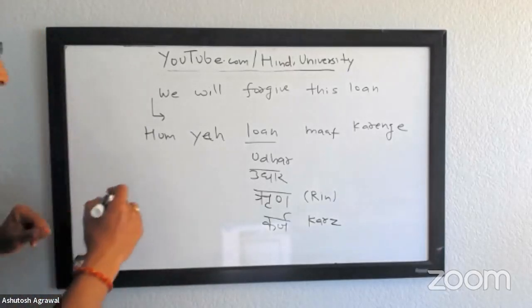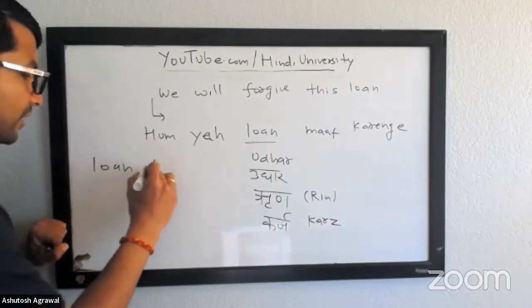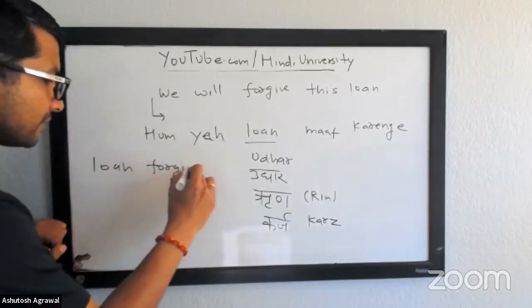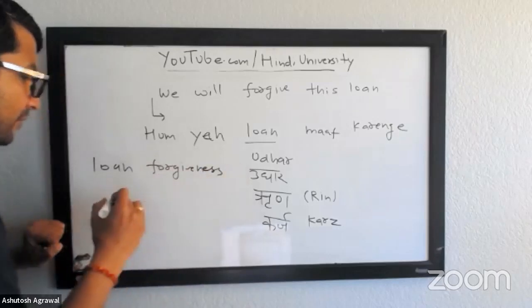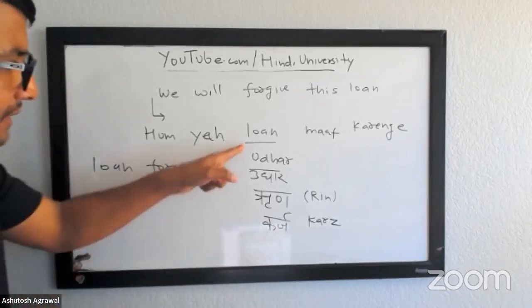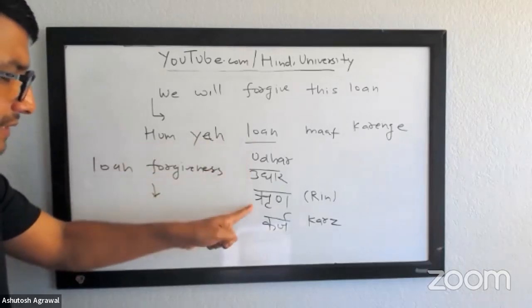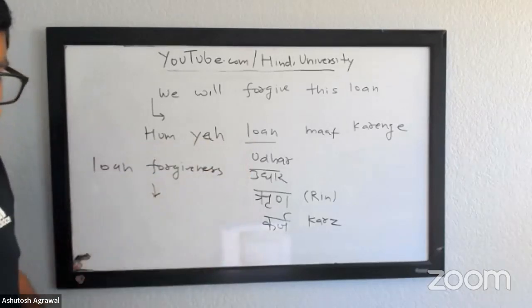Now let's say you have loan forgiveness. You hear this term, loan forgiveness. How will you say that in Hindi? These are the terms for loan: you can say udhar, you can say rin, you can say कर्ज.